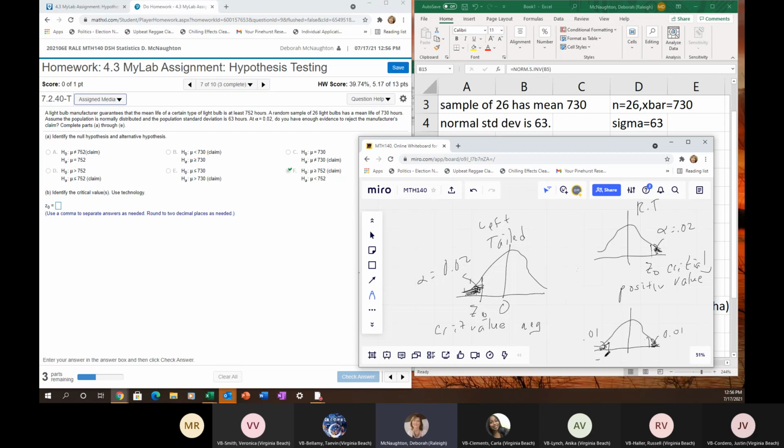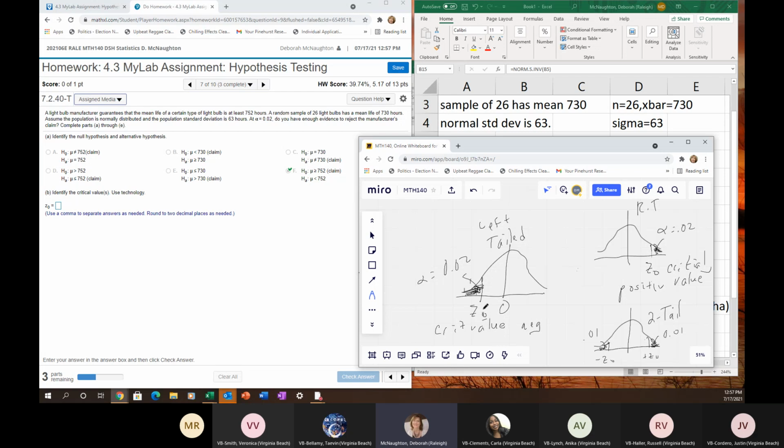So you get a negative Z naught and a positive Z naught. But when you look it up, you look up 0.01 and it'll return the negative value. So you want to use that for this one, and this one is for two-tailed. I just wanted to show you how that works, because I think it makes more sense when you see it. So this, again, is what the critical value is telling me.